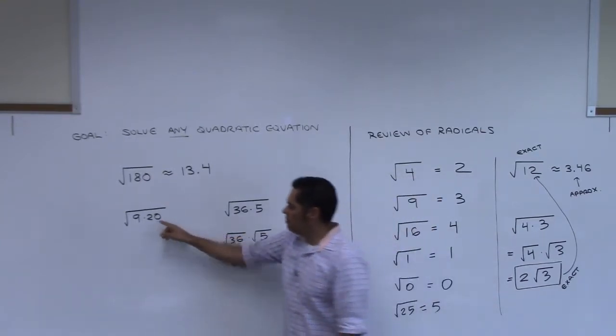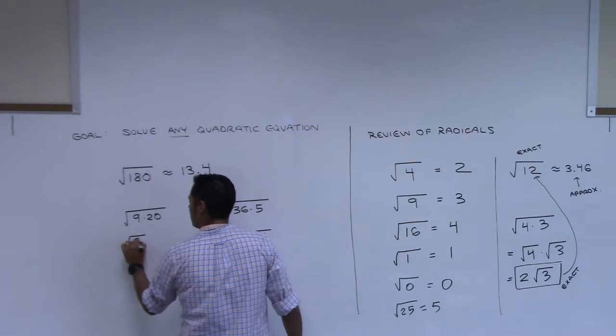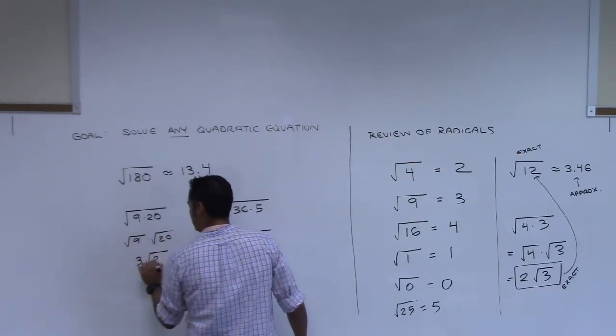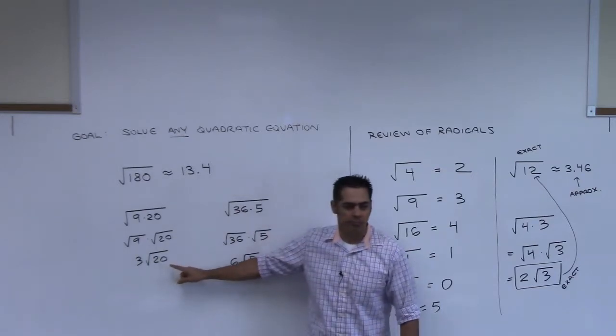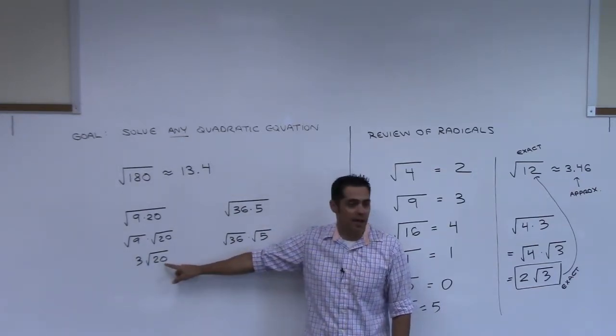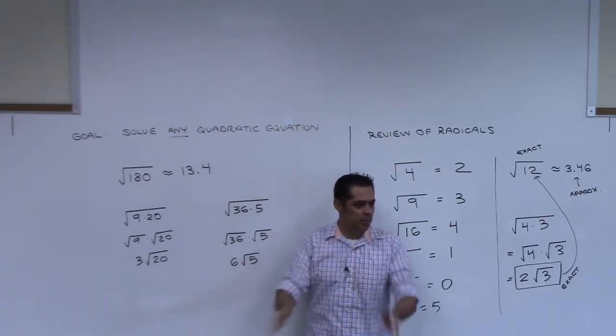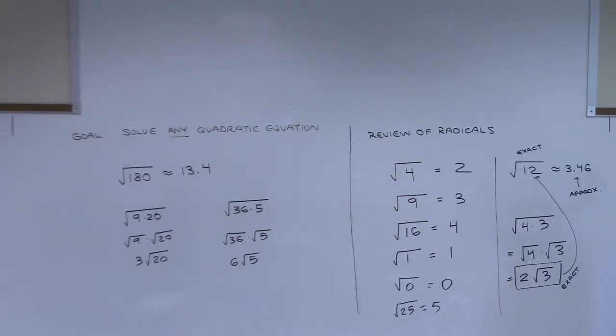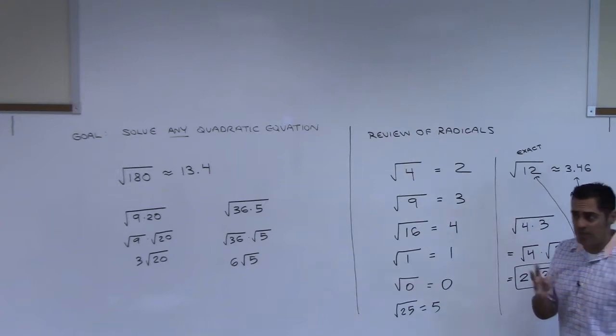Now here, we split this up, root 9 times root 20. This becomes 3 root 20. Y'all agree? But 20 can be broken down. How? Try and use one of these. 20 is 4 times 5, right?